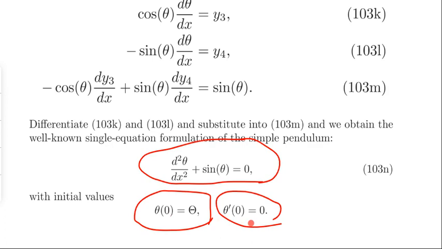This is a very famous example in the field of ordinary differential equations, and in this example you can see how we can model a real world problem with some initial value problems based on ODEs.